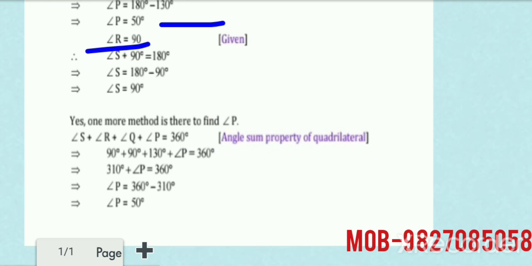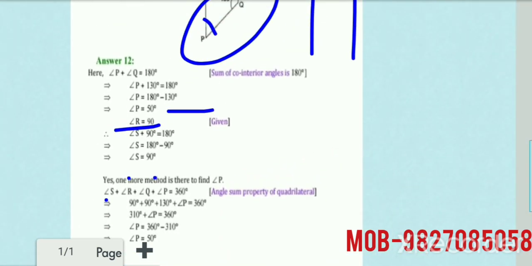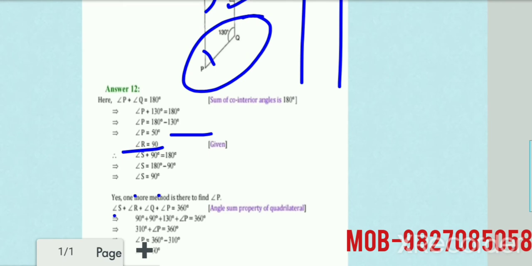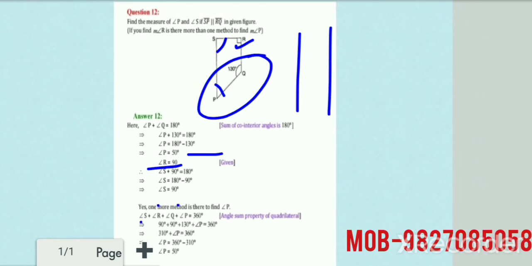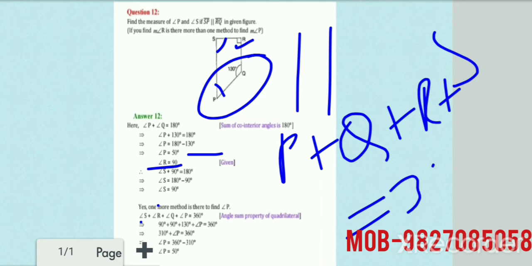Now we have S, R, Q, not P. Sorry, we are putting the value of S. Sorry, we are not having S. We have P, angle P plus angle Q plus angle R plus angle S is equal to 360.